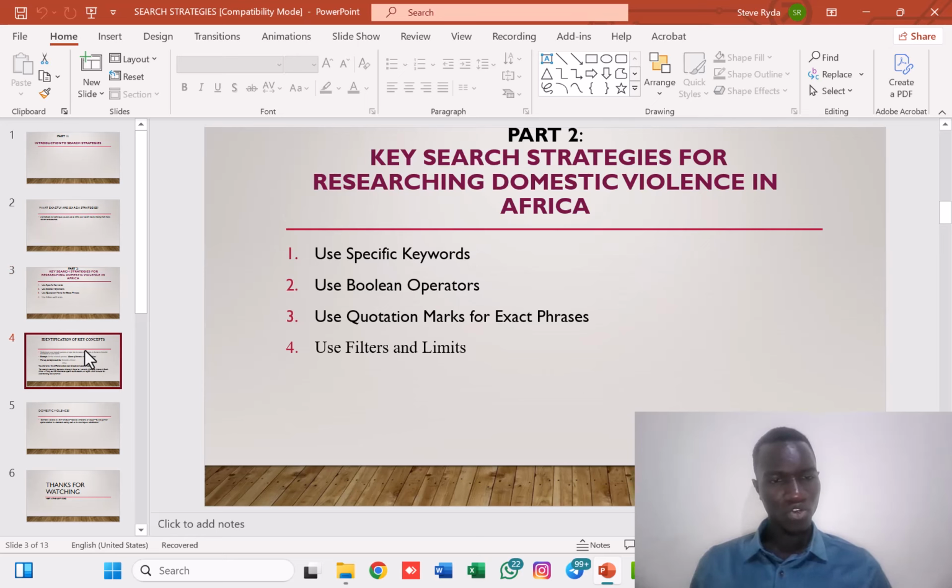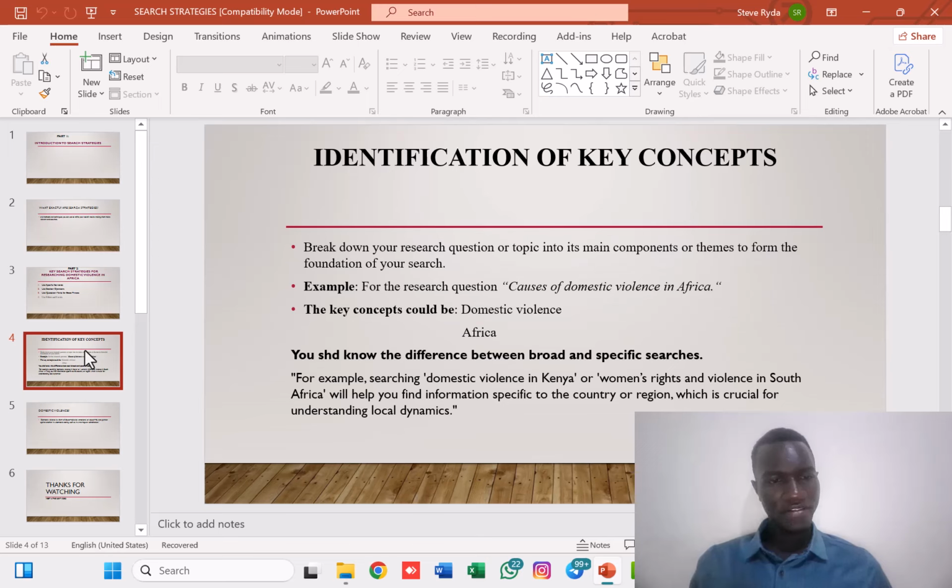When identifying key concepts, break down your research question or topic into its main components or themes to form the foundation of your research.